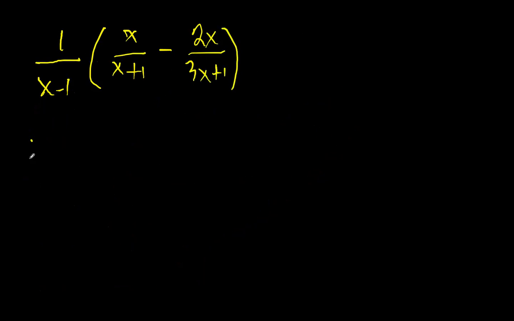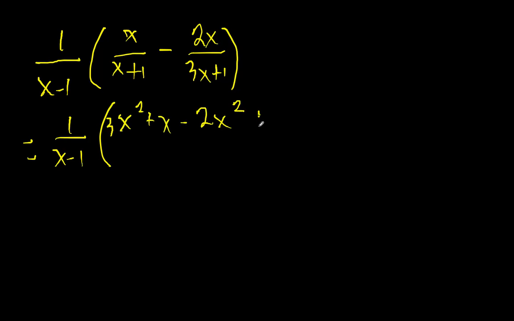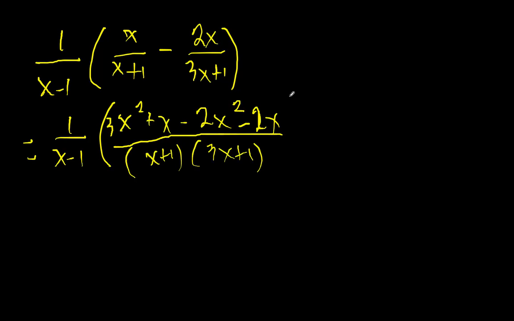Okay, so let's simplify this first. So 1 over x minus 1 times, let's get the LCD. Let's multiply: 3x squared plus x minus 2x squared minus 2x, all over x plus 1 times 3x plus 1.